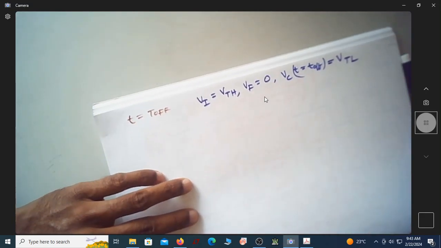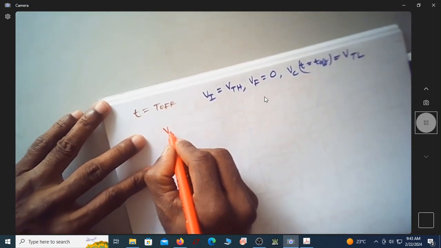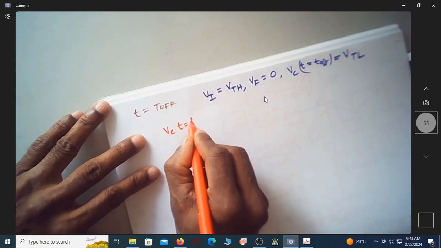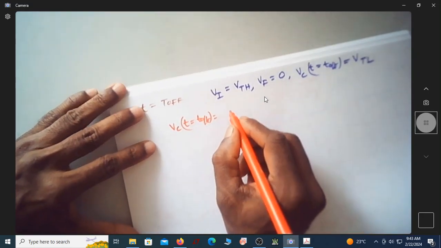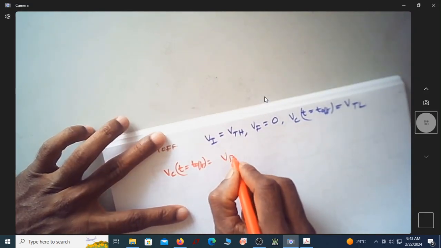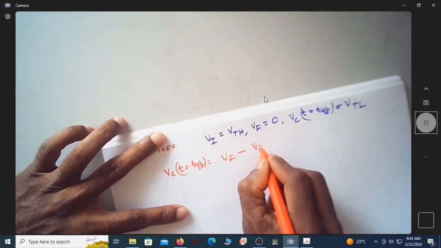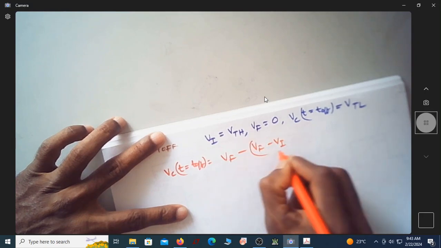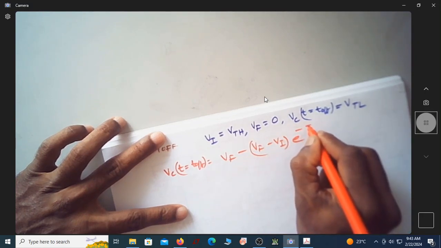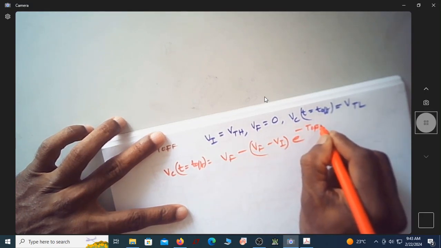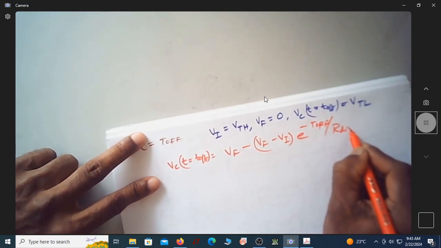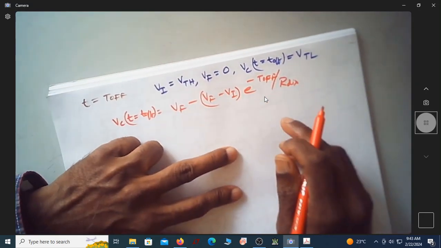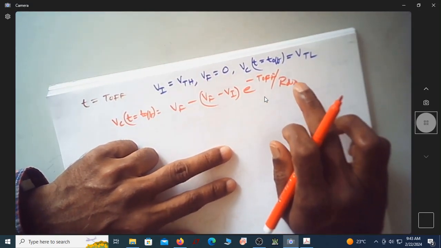So what is the expression we have? VCT at t equal to T off is equal to V final minus V initial e power minus T off by R discharge into CT, where R discharge is the resistance associated with the discharge path.